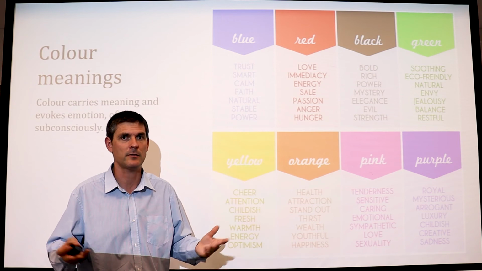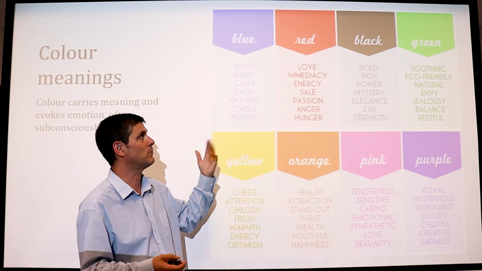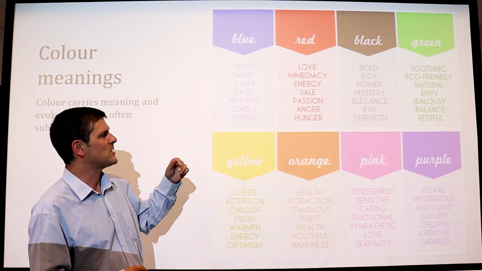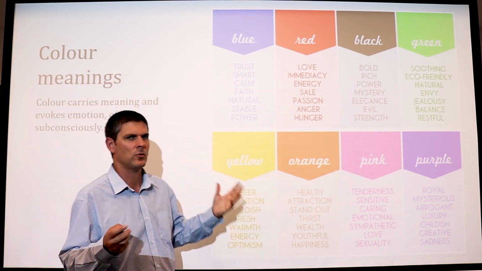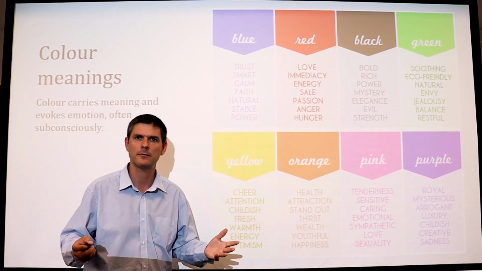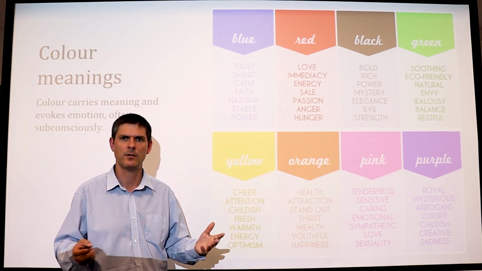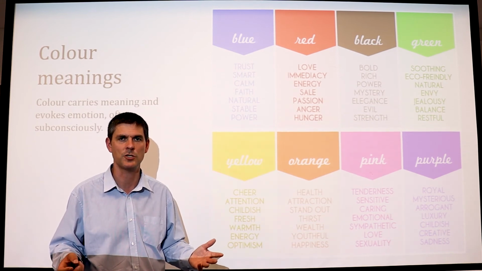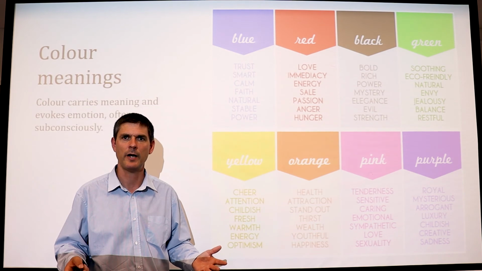But again, I think we'd all agree that red can mean love and red can mean anger. Some of the other things you may not have considered is red means sale. Now think back to how many sale signs you've seen. Obviously not all sale signs are red, but think about the majority of sale signs in shops. A lot of them are red.